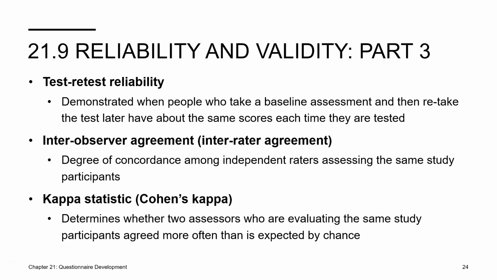A kappa statistic is also used pretty often. I've used this several times, and this is when two different assessors who are assessing the study agree more often than is expected by chance. So you just want to have a higher level than would be expected by chance.